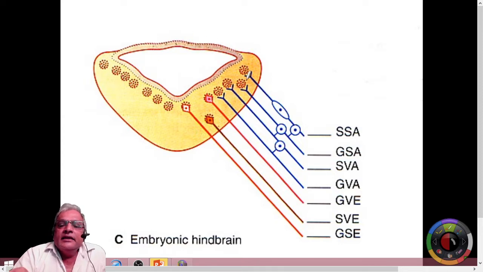And so, in addition to that, we find the general somatic afferent, which was on the uppermost part here, has been slightly displaced medially, and then this has been occupied by one column that is called the special somatic afferent. Now, what is the special somatic afferent?